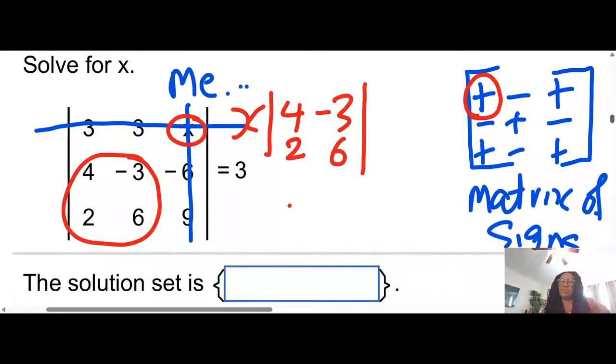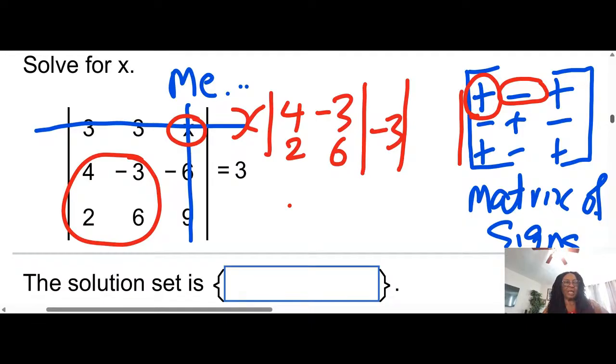The next one I'm going to look at is the second number in row 1, which is 3. The matrix of signs says it should be negative. So negative 3.